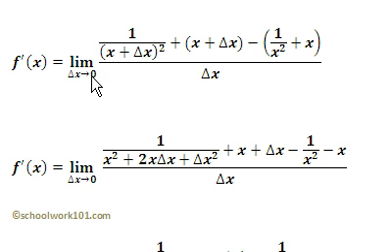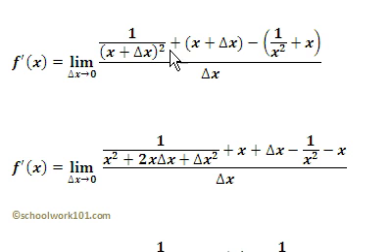And now we're going to take the limit as delta x approaches 0, and if I were to actually do the direct substitution, plugging 0 in for delta x, we would end up getting something that doesn't look good. You'd end up getting 0 in the denominator. For example, a 0 would go in here, a 0 would go in here.